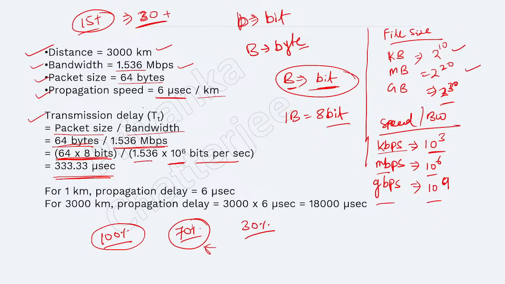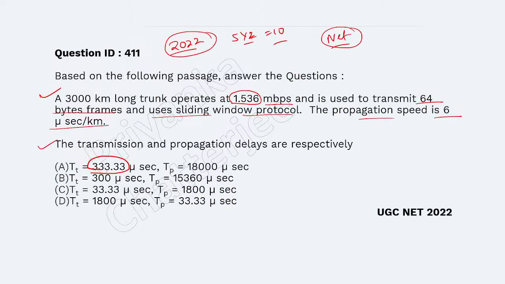By only the 6 microsecond propagation, you get that 1 kilometer propagation delay is 6 microsecond. So 3000 kilometer propagation delay will be 3000 multiplied into 6, that is 18,000 microsecond. So from here you can get the answer.